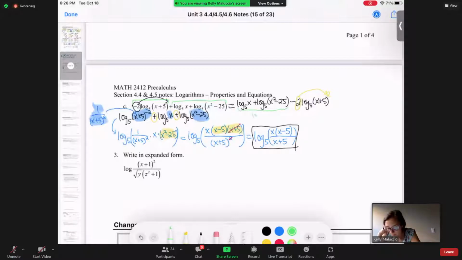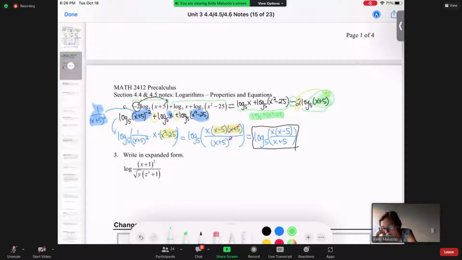These two become log base 5 of x times x squared minus 25. But then I'm subtracting this guy, right? So that means that this goes in my denominator because I'm subtracting it. So I would take this and divide it by this.